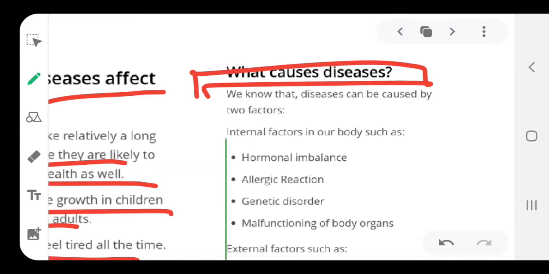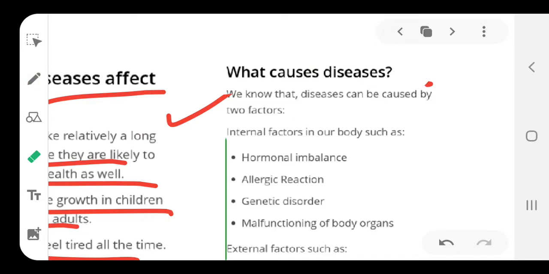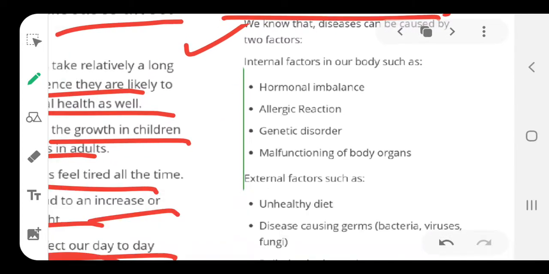Now, the question is what are the things that cause disease. What causes disease according to you? As I have told you, we have two factors that cause disease. The first we discuss is internal factors. Number one is hormonal change, because if hormonal disturbance takes place, the body undergoes a lot of changes.